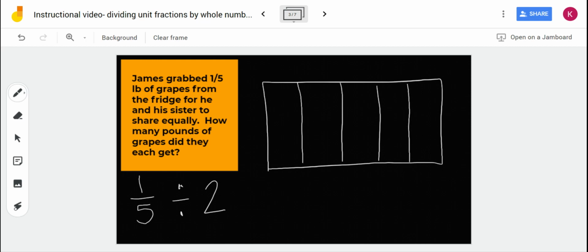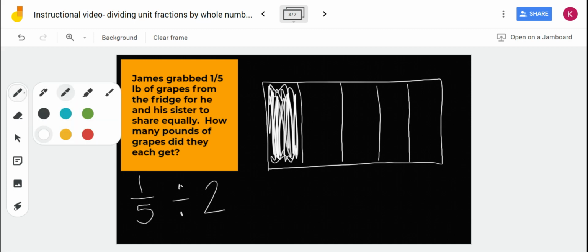Okay, so there's 5 parts, but I'm still not done modeling my 1/5, because all I did is show fifths. I have yet to model 1/5. So here, I need to shade in one of these parts. Okay, so now I've shown my 1/5, and that's what I'm starting with.